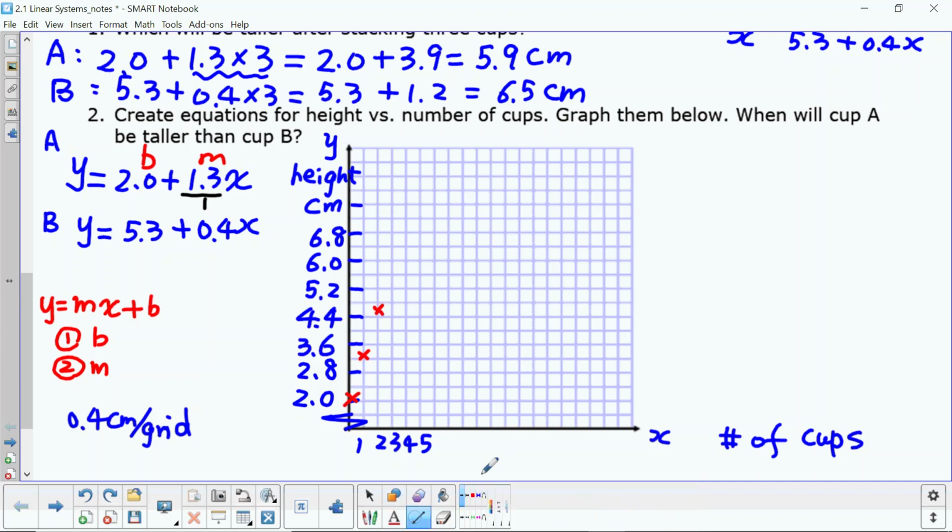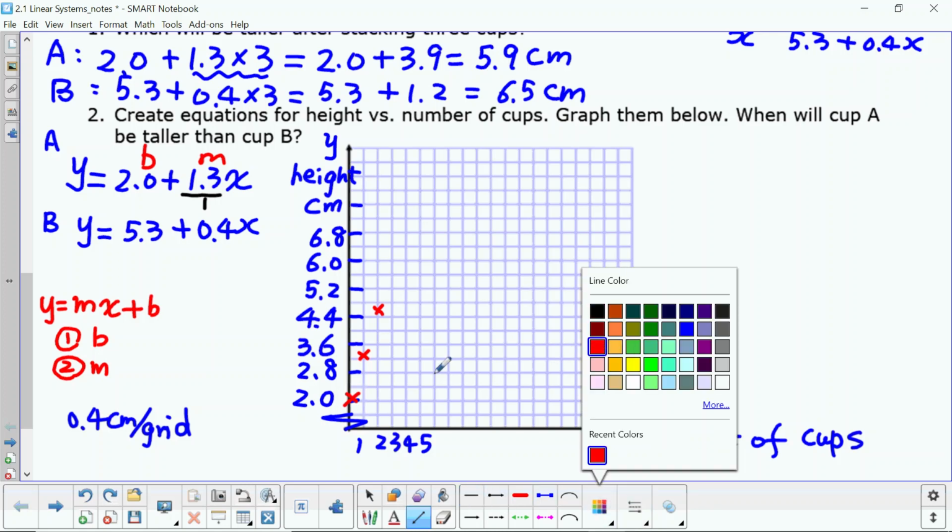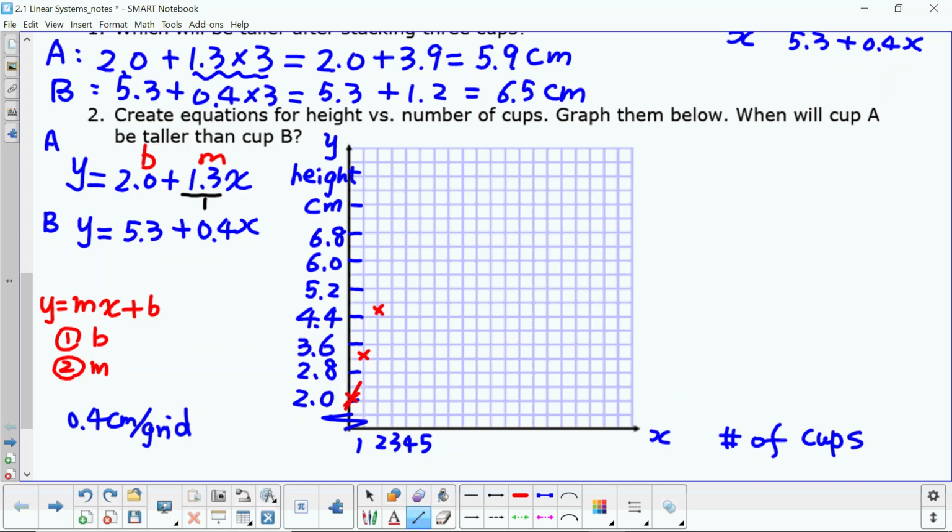Then we are going to use a ruler to graph it, so please get a ruler. Okay, so it's here. This time I'm not going to put arrows below this one, because the minimum actually starts from 1, so it will go up only this way, not the other way.